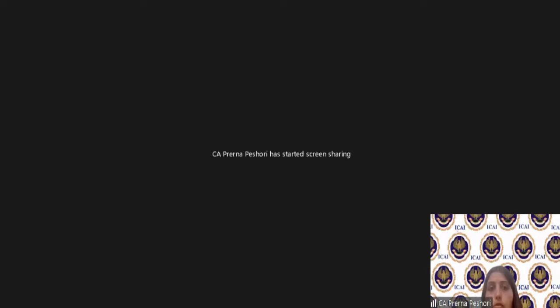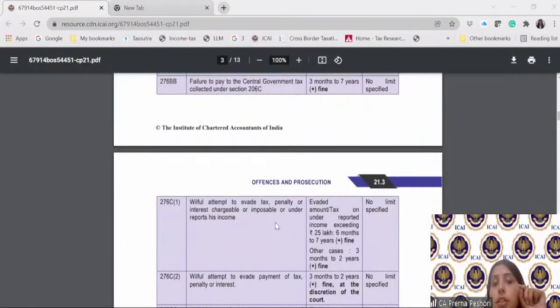Okay. Next is the prosecution in relation to the willful attempt to evade tax, penalty, or interest, or underreporting of income. Again, this you should be remembering. This is very, very important whenever you are writing the answers of underreporting of income. You have to remember where the underreported income exceeds rupees 25 lakh, there is a prosecution of 6 months to 7 years.